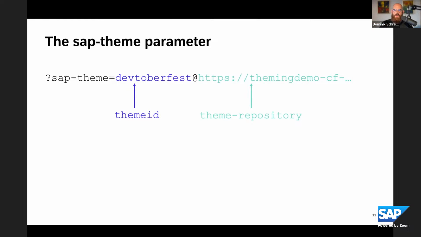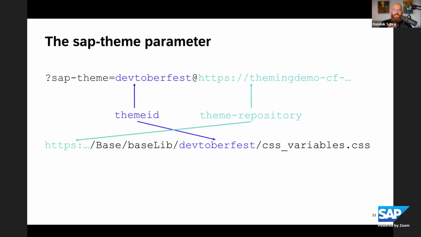This is what we would call a theme repository. And as different technologies use different CSS files from this theme repository, each technology then decides which CSS file to load based on the SAP theme URL parameter. In the most simple form, and this is what fundamental library styles and UI5 WebComponents use, you access the CSS variables CSS file from the base framework, which contains a list of all theming parameters as custom CSS properties.